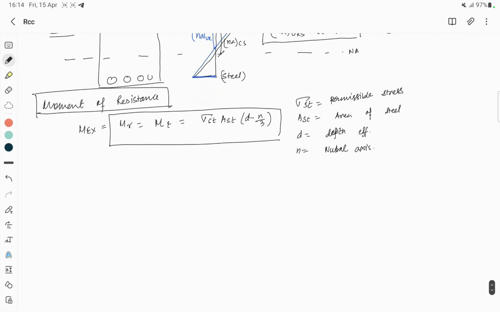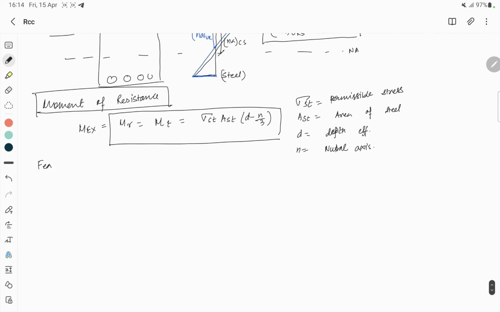Now we talk about some features of the under reinforcement section.